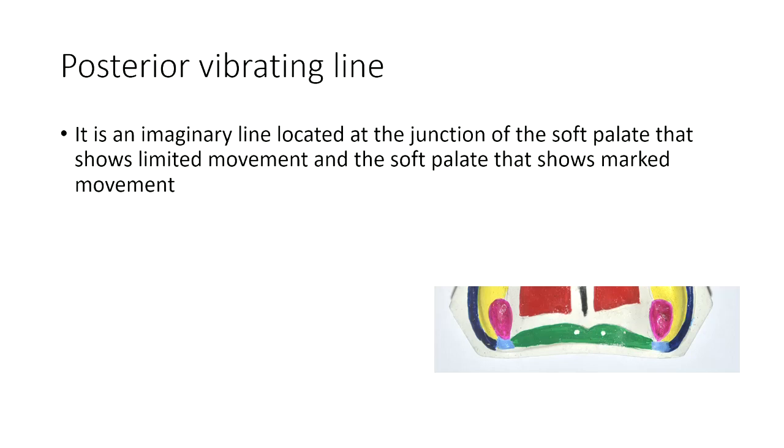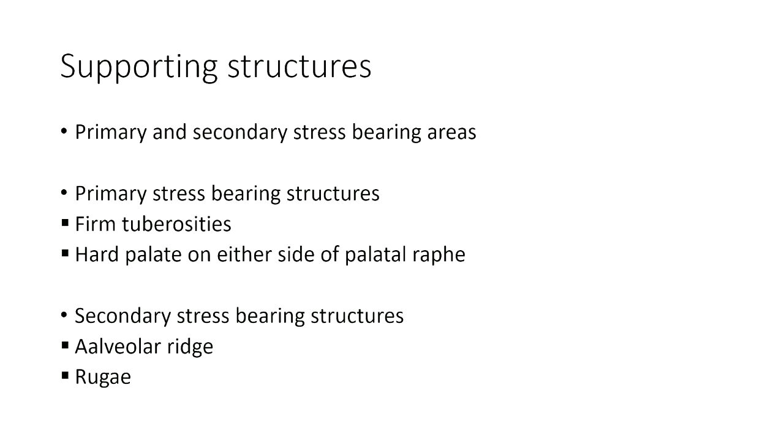This cannot be identified visually, because it is supposed to be the junction where the soft palate is attached to the posterior nasal spine. Immediately after the attachment of the soft palate, the movement is comparatively less when compared to a further area, and this line comes in between. That is, it comes in between a slightly movable soft palate and a markedly moving soft palate during function.